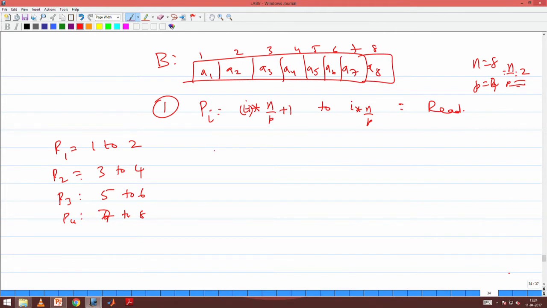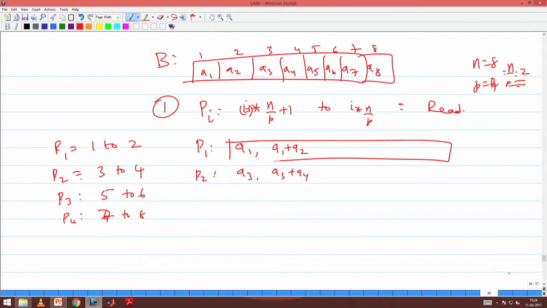So then what will P1 do? P1 will compute A1 and A1 plus A2. P2 will compute A3 and A3 plus A4, and store in which location? P1 will do this.